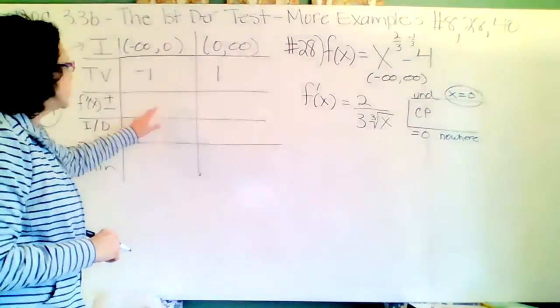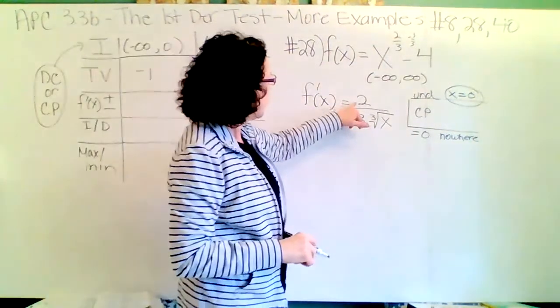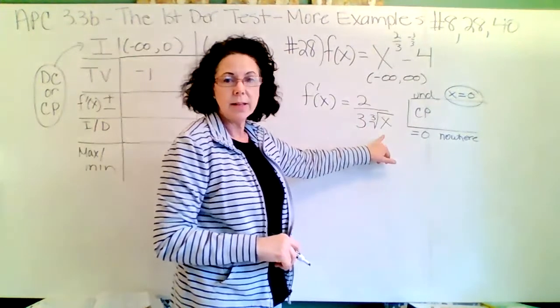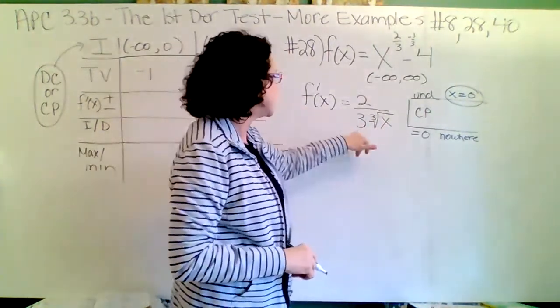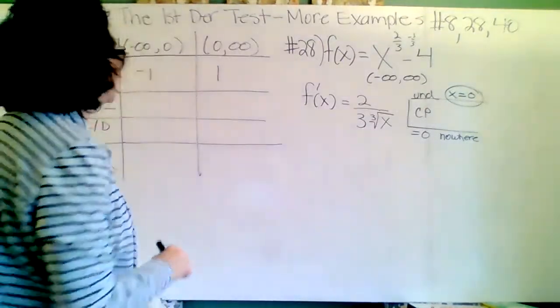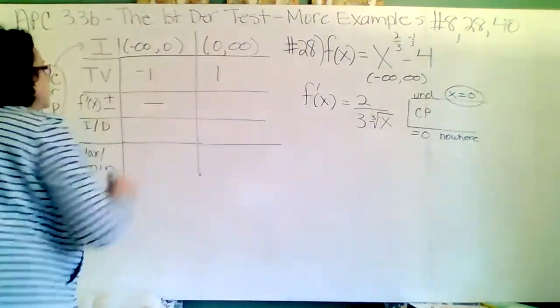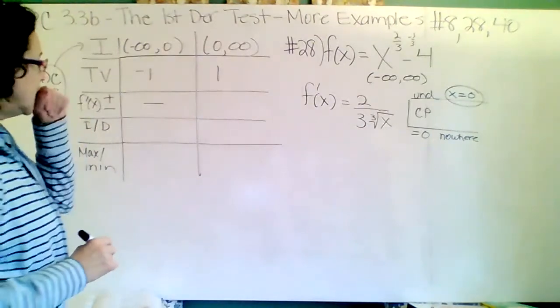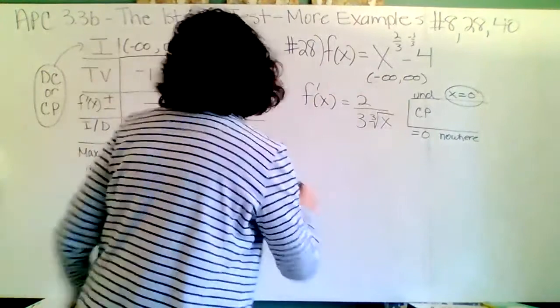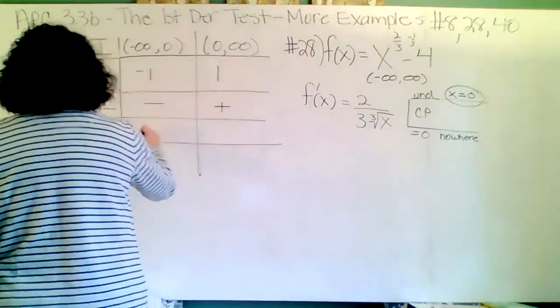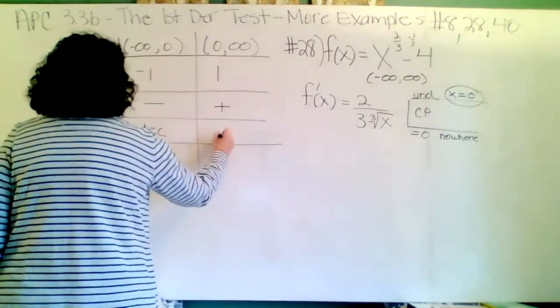Notice again for the derivative that the numerator is only positive, so we only have to look at the denominator. If we put a negative 1 in, the cube root of that is negative and the numerator is always positive, so we get a negative. If I put a 1 in, notice the expression is positive. So we do have decreasing and increasing.